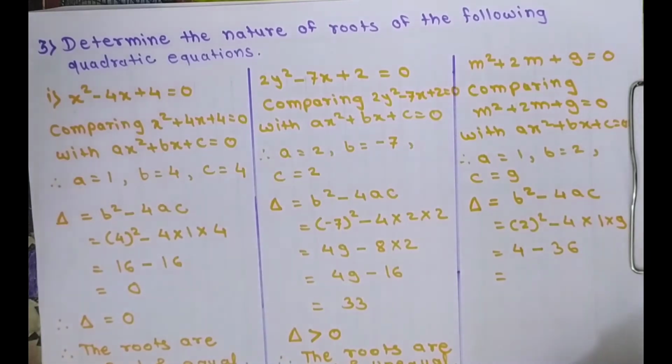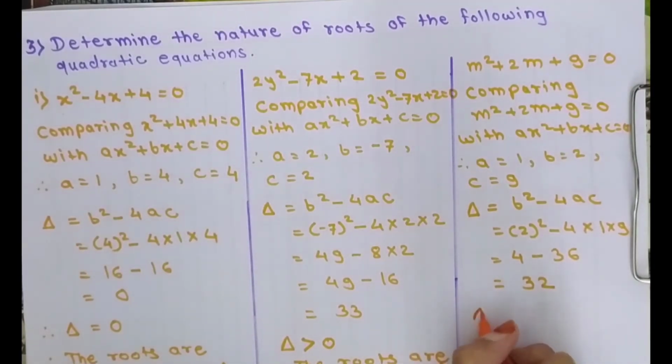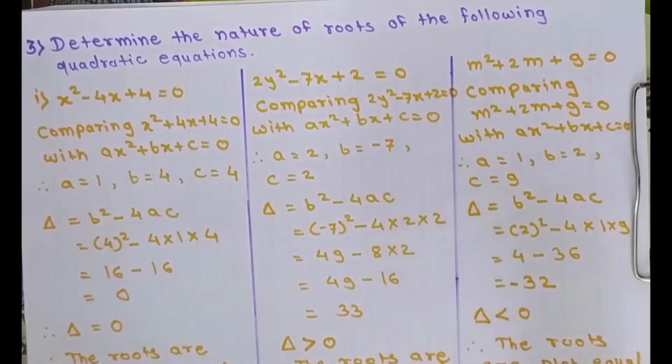So, 4 minus 36, that is minus 32. Therefore, delta is less than 0. Therefore, the roots are not real. If delta is less than 0, then the roots are not real.